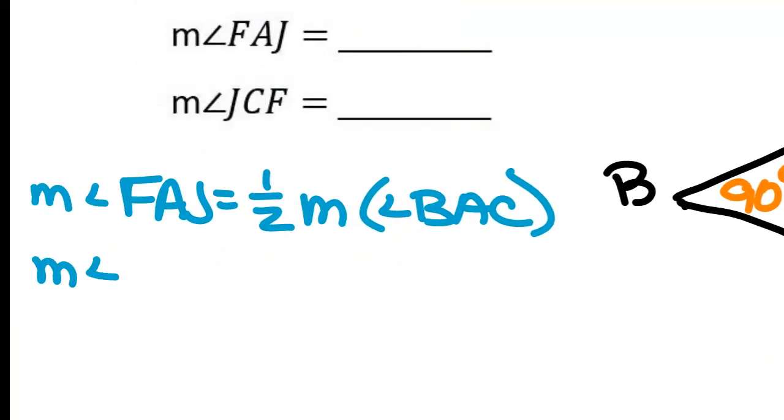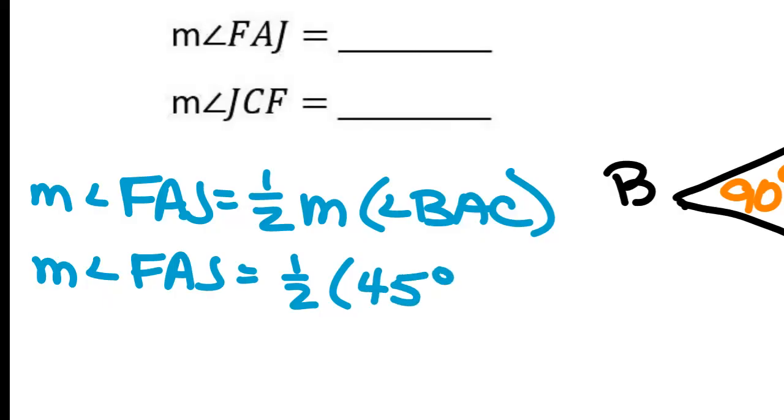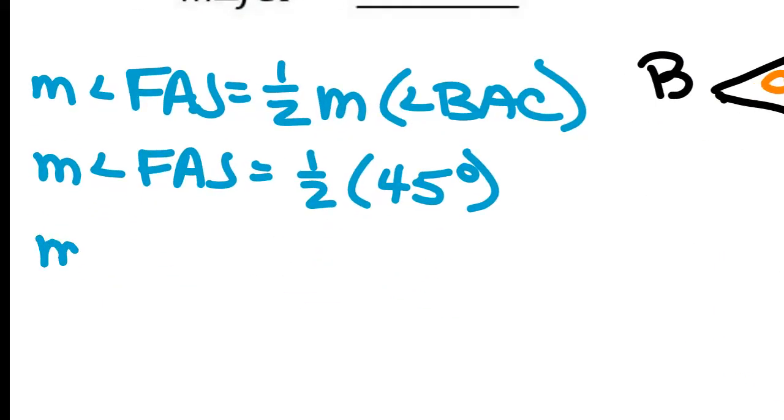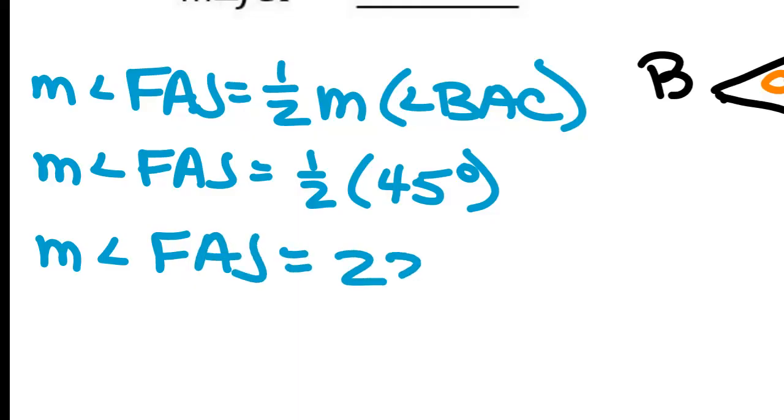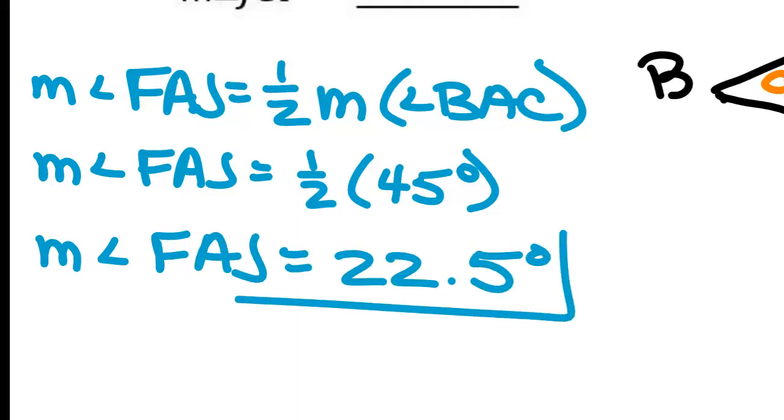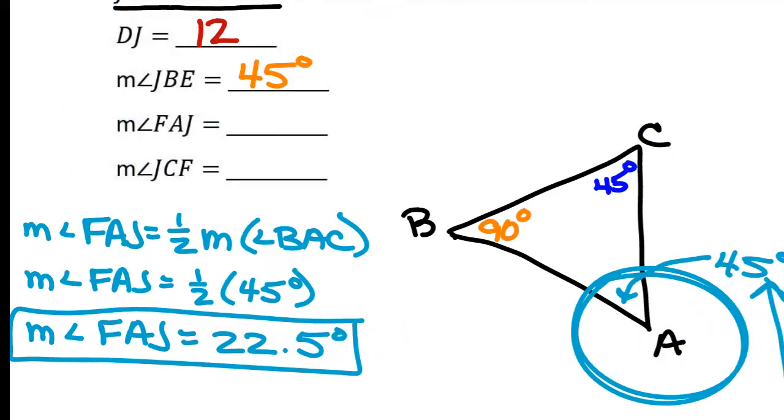So the measurement of angle FAJ is half of 45 degrees. What is half of 45? 22.5. So angle FAJ is 22.5 degrees.